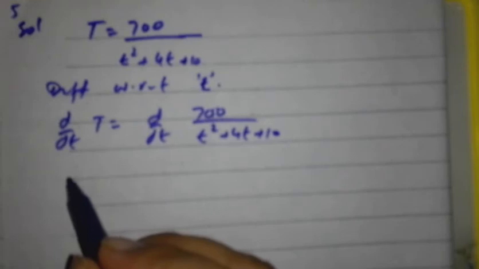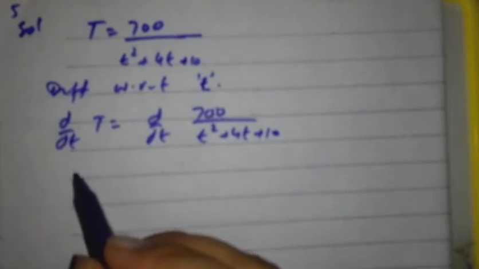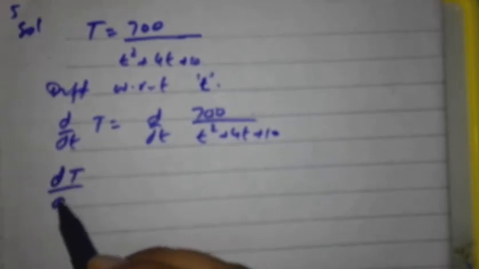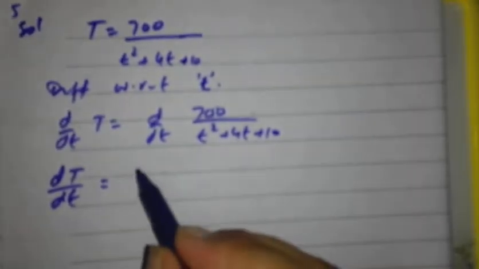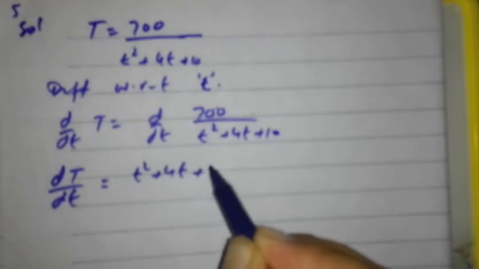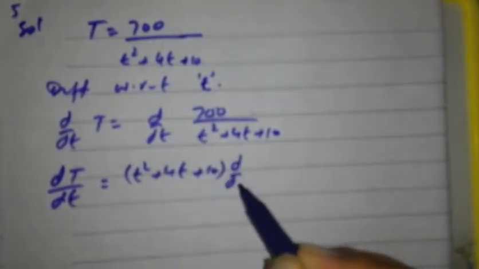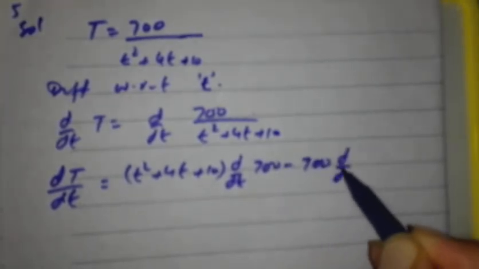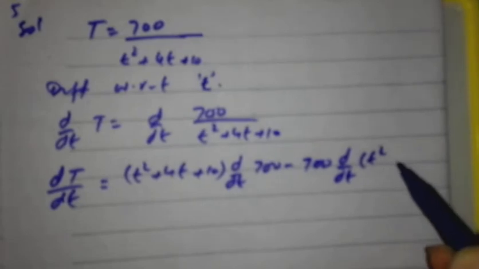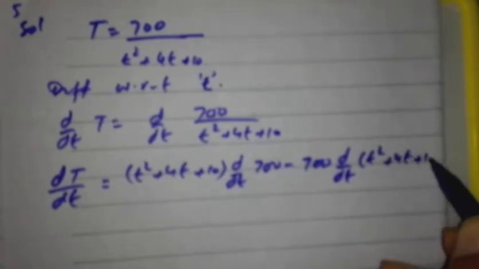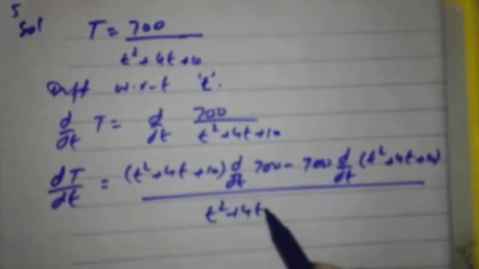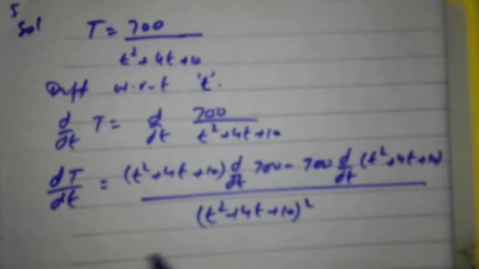So here we can write it as dT by dt equals, apply the quotient rule here, t square plus 4t plus 10 into d by dt of 700, minus 700 d by dt of t square plus 4t plus 10, over t square plus 4t plus 10 whole square.